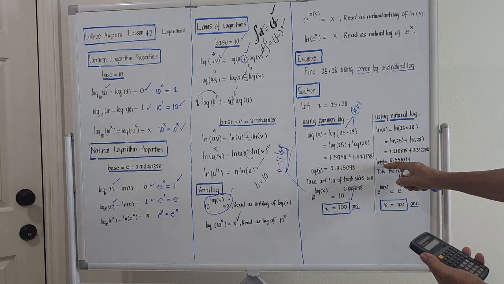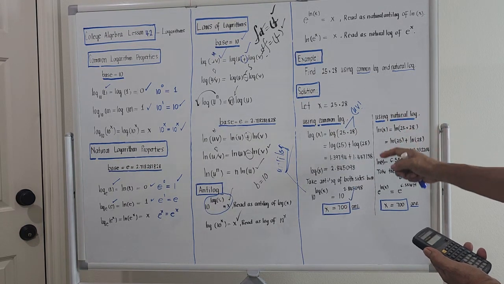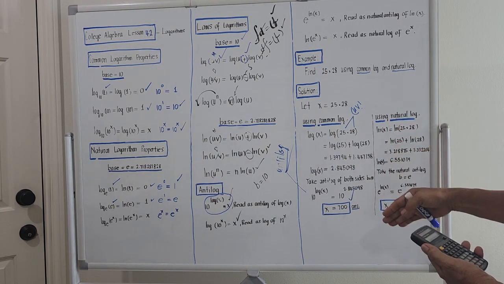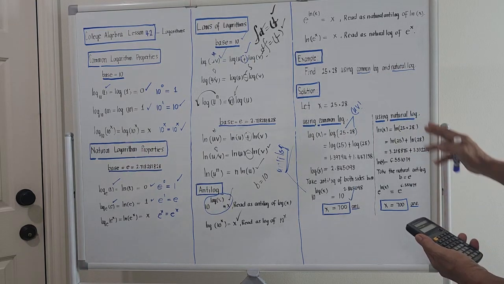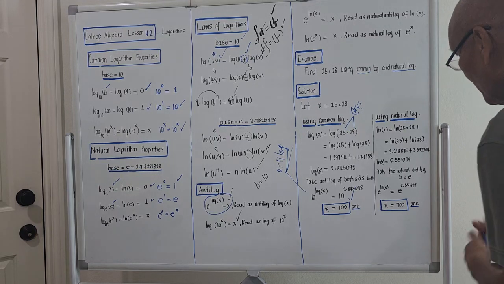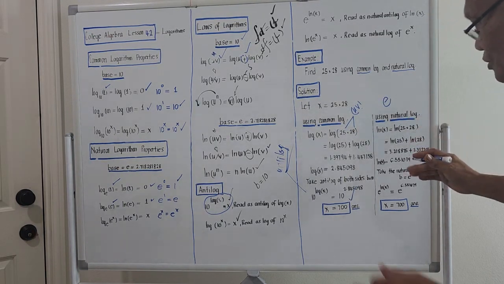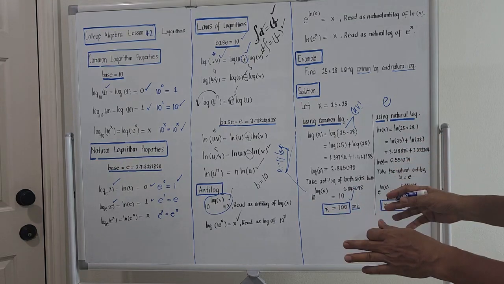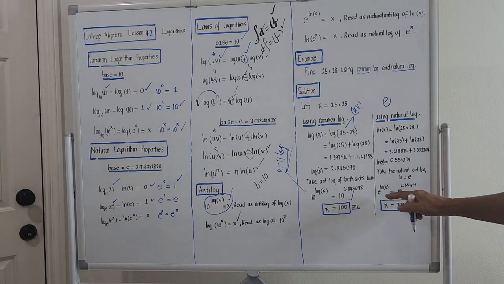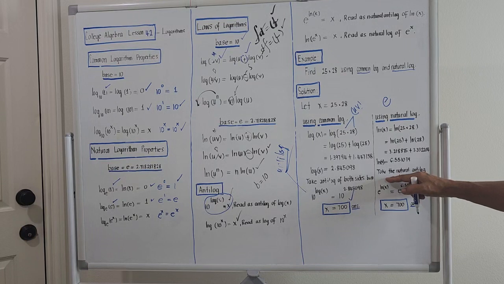And to compute for x, we must eliminate this natural logarithm here. And the enemy of a natural logarithm is the antilog of natural logarithm. What's the base for natural logarithm? It is e, right? So to take the natural antilog of both sides, you take that base and raise the left hand side to that base, so it will be e raised to the natural logarithm of x.